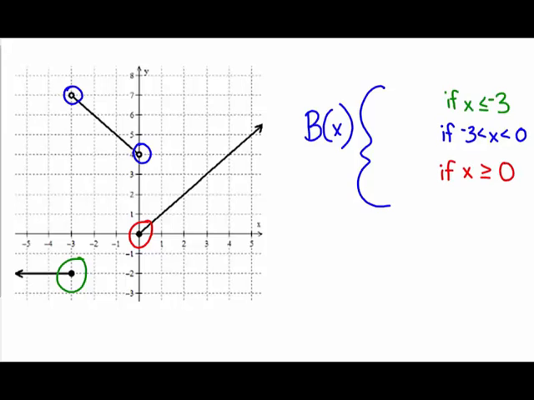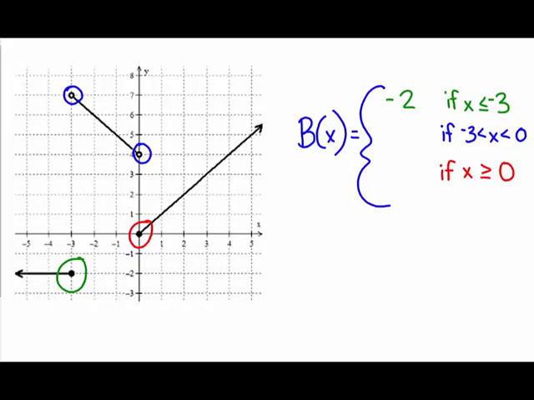Now it's just coming up with the equations for each piece. So my first part, it's staying constant at -2. So I know that my b of x there should be an equal sign here, sorry about that. My b of x will equal -2 when x is less than or equal to -3.